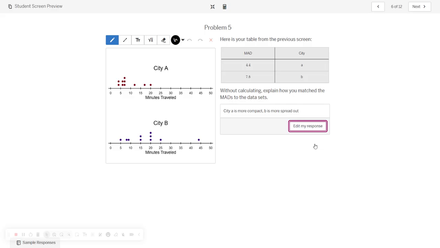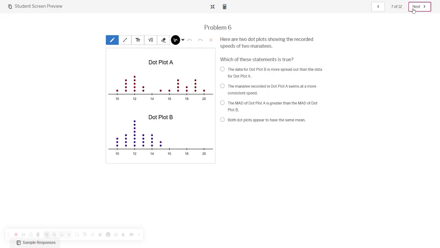Or the answers for those. Dot plots. Here are 2 dot plots recorded, the speed of manatees. Wow, who would want to do that? And so I look at dot plot A, it's really spread out. Dot plot B is more consistent. So dot plot B is more spread out. Nope, that is not correct.